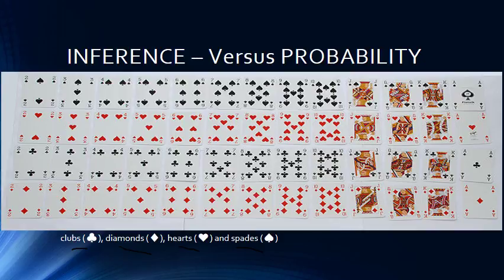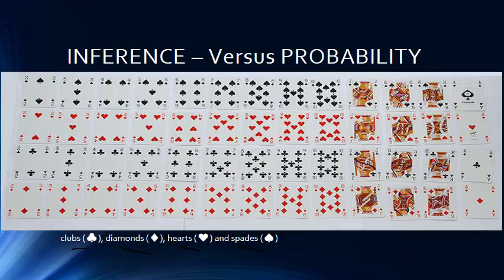In this example of the deck of cards, you know that you're working with a deck of 52 cards, and you have in this deck 13 spades. So if you want to estimate, let's say, the probability that someone would pick or produce 10 spades in the first 13 cards, because you know that the system you're working with is a deck of 52 cards, you will be working with probability.